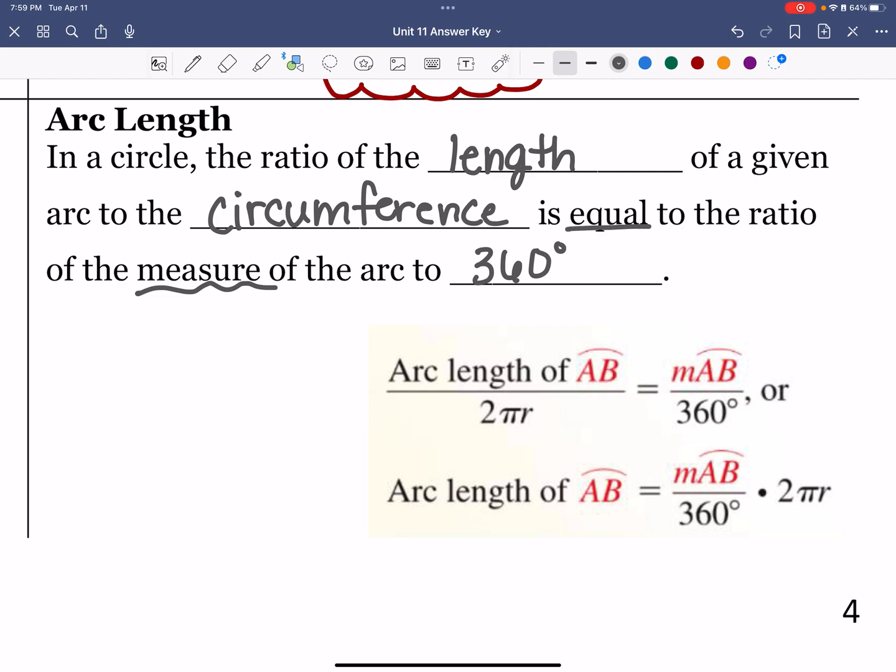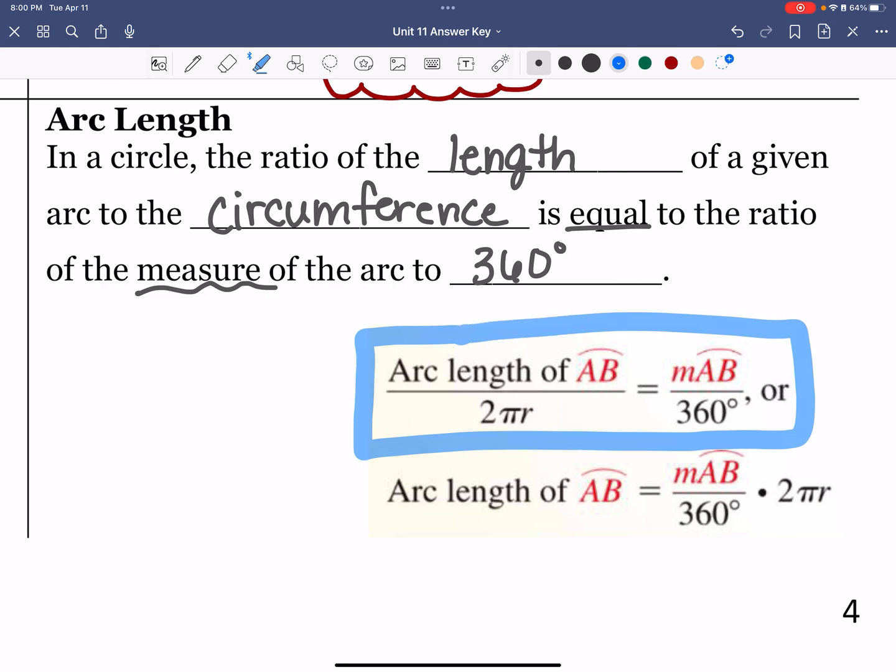This gives us this lovely little formula here, or this lovely little proportion, I should say. And that's the one I prefer to use, because from here we can solve for even more information. For example, I can solve for arc length, I can solve for arc measure, or I can solve for the radius or circumference. This formula, remember, is my circumference formula.